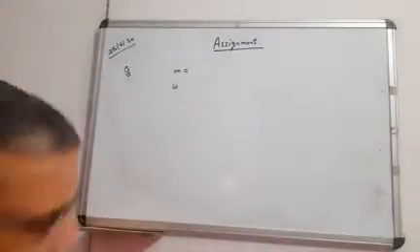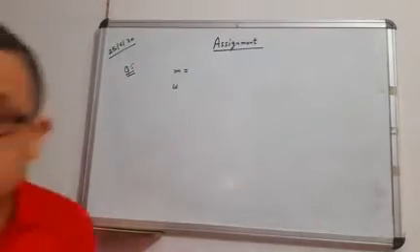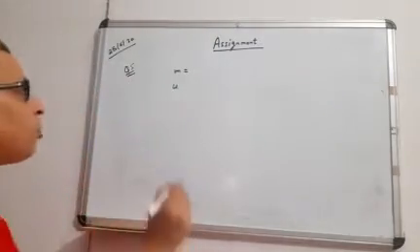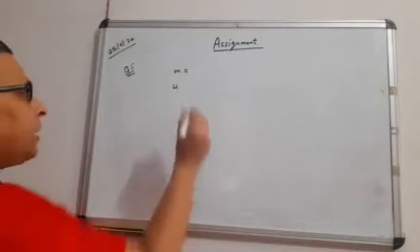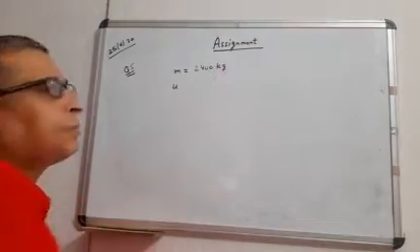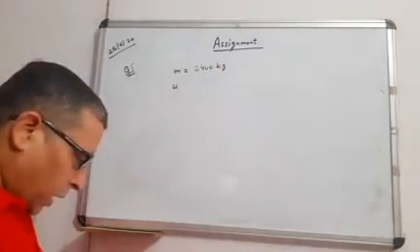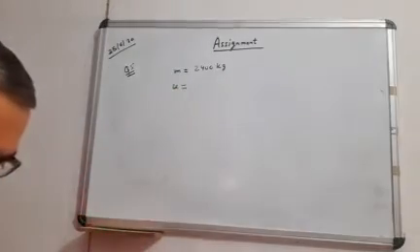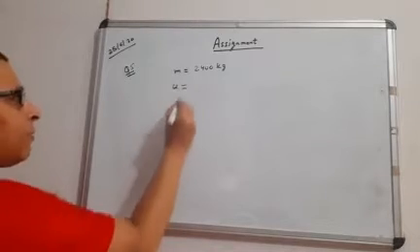For question number 5, a car of mass 2400 kilogram moving with a velocity of 20 meter per second. This is mass of car. Clear? 2400 kilogram. Then moving with a velocity of 20 meter per second and is stopped in 10 seconds on applying brakes.